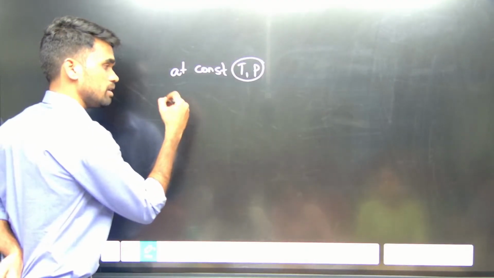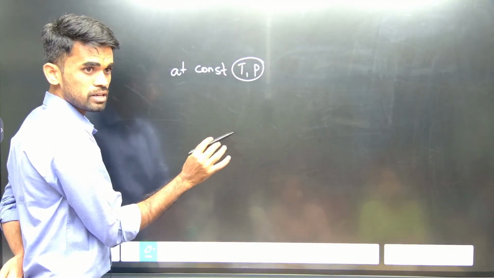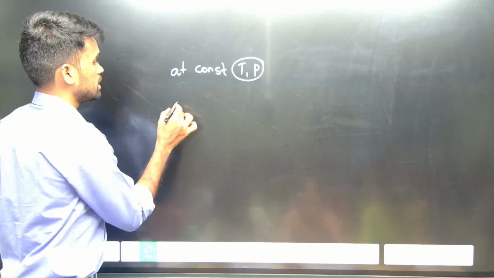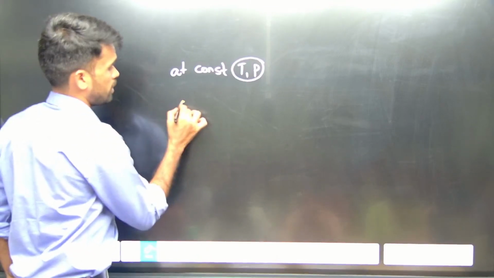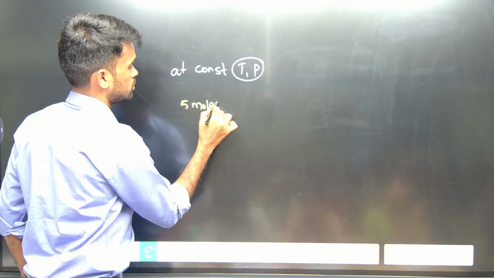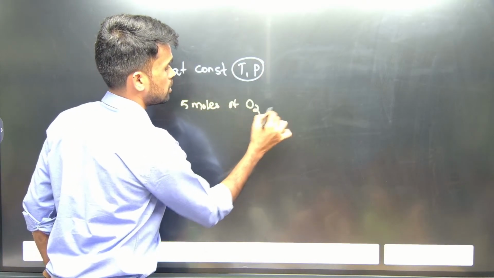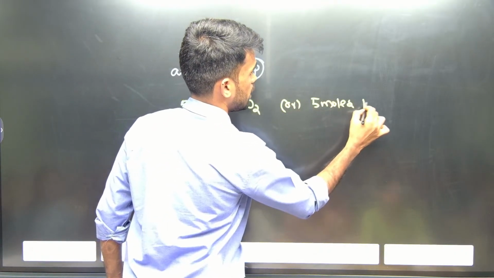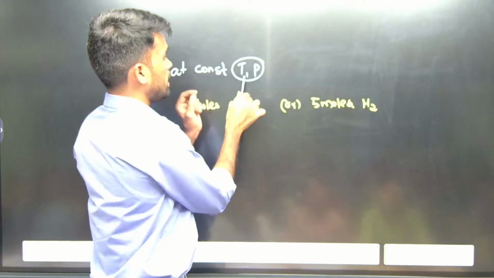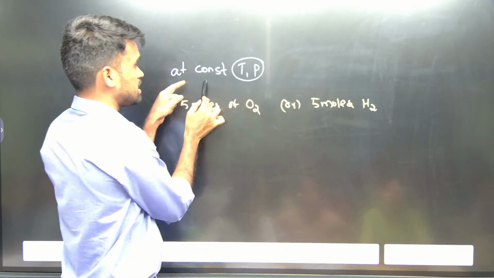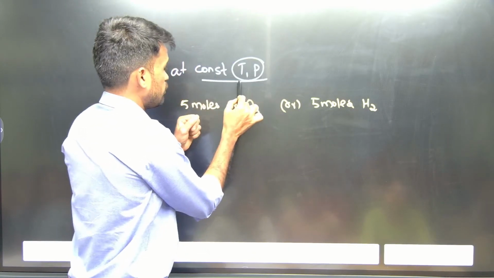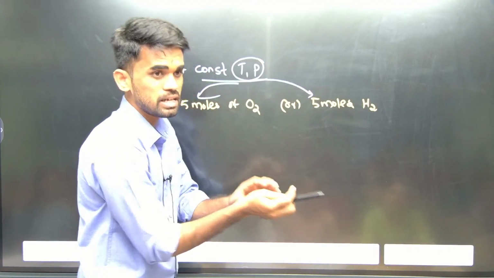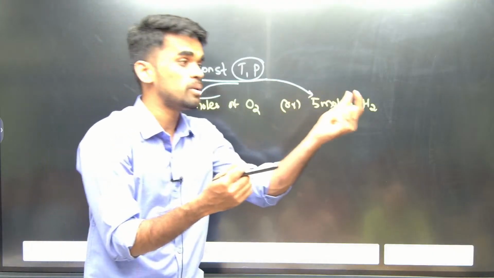Any gas you take, of same quantities. You are taking some 5 moles of O2, or 5 moles of H2. So at the same temperature and pressure, if you are taking the same quantity of any gas, they contain an equal number of particles.